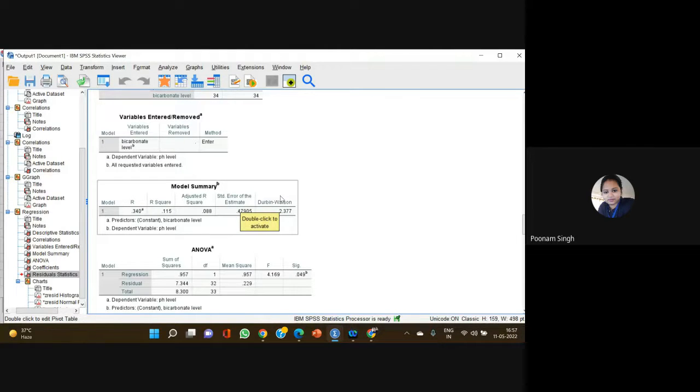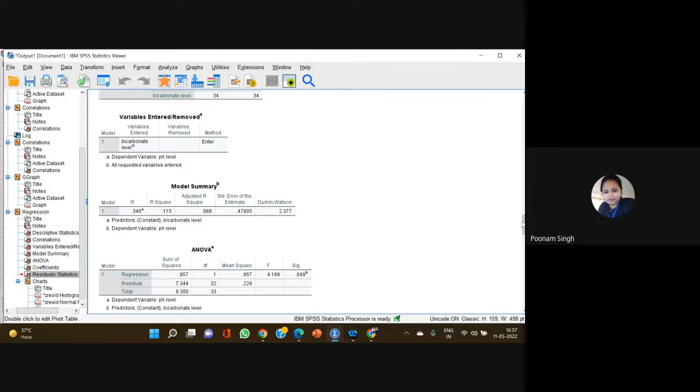We don't want it to be less than 1 or greater than 3. It is less than 3, approximately 2. So the assumption of independence of observation has also been met here.